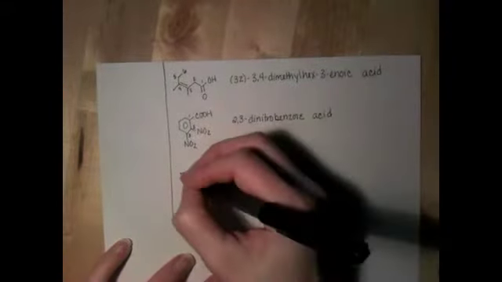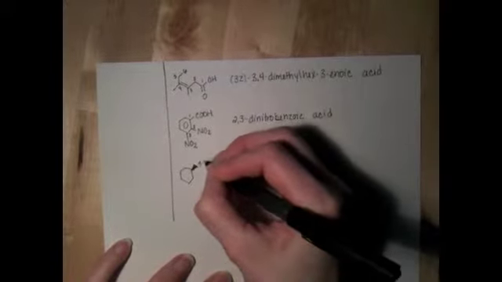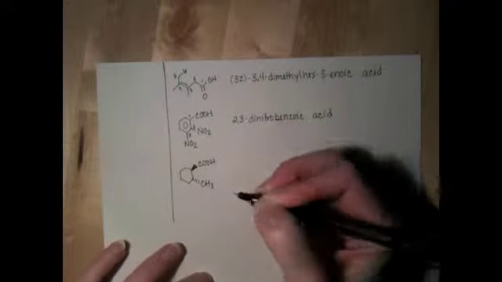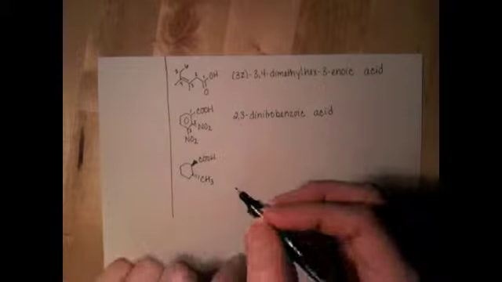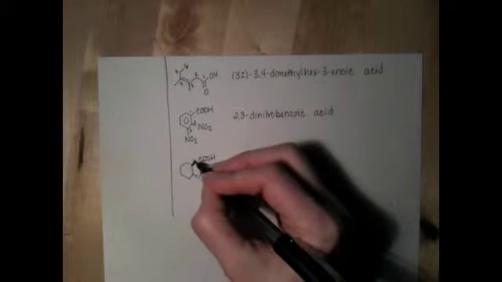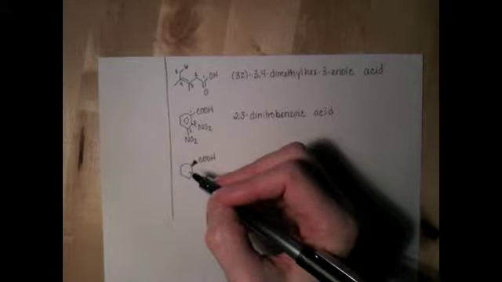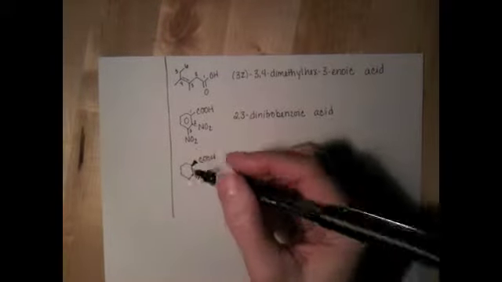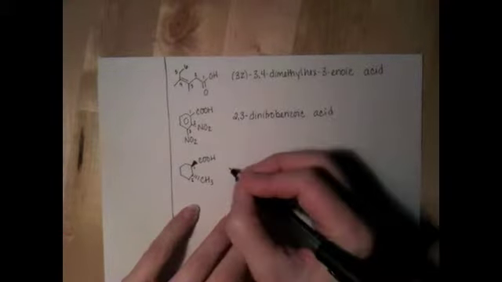Here's another cyclic. We could take the easy route and call this trans, but I always think it's good to practice our R's and S's. So here we have a cyclic, 6-numbered ring, cyclohexane carboxylic acid is what we would call it, the parent name. There's a methyl group on carbon number 2, so it's a 2-methyl cyclohexane carboxylic acid.